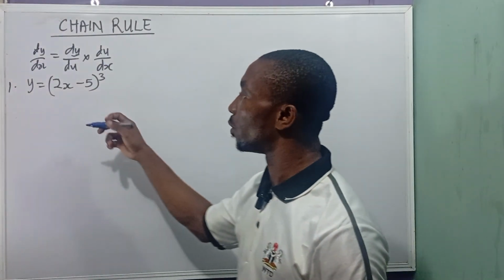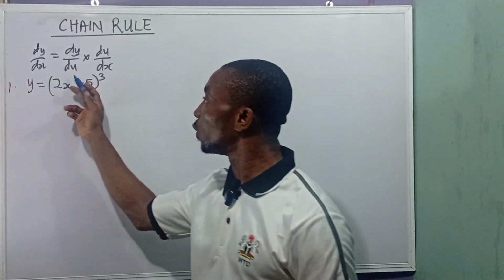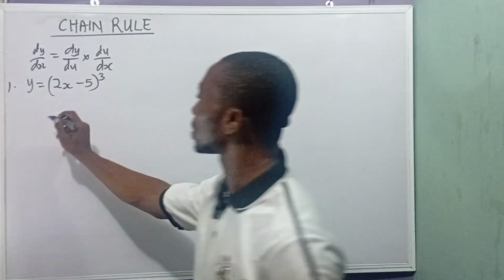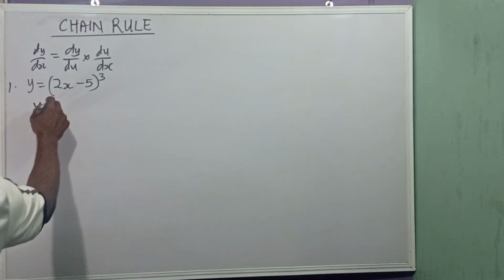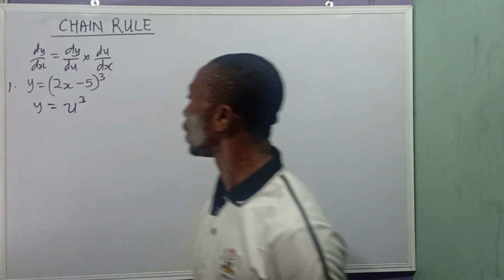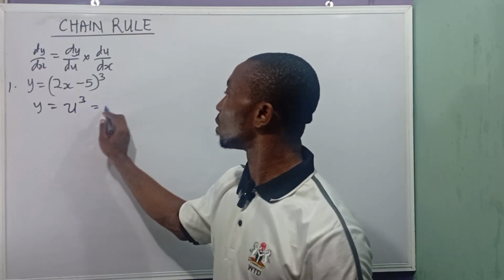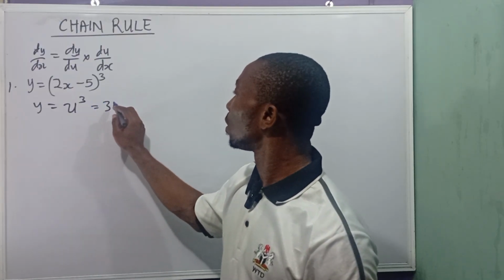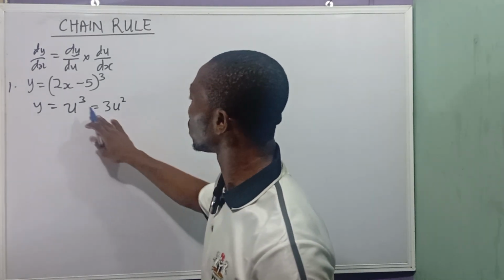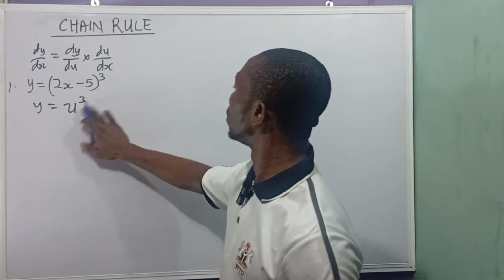Now let's look at the example. Since y is a function of u and u is a function of x, in this case we can say that y equals u raised to the power 3. Okay, so if we differentiate, this becomes 3u squared. Let's call this dy/du.